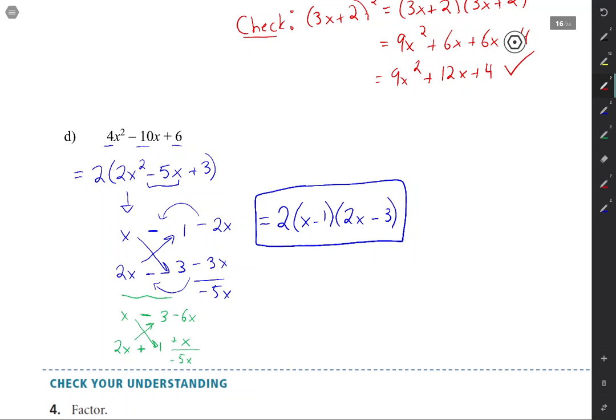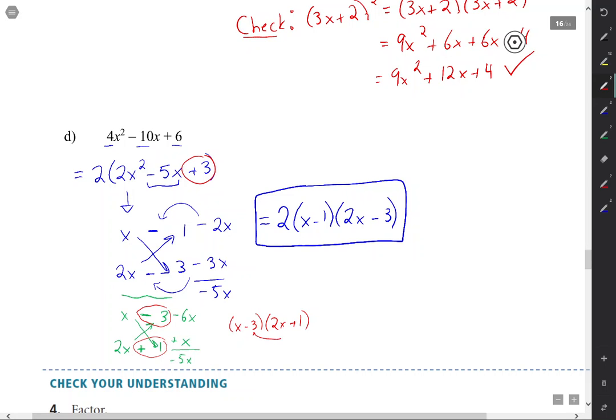So the one more step we have to check is this here and this here. And we have to think, does negative 3 times positive 1 give us positive 3? Because if we were to FOIL that out, x minus 3 times 2x plus 1, we would eventually have to multiply the two last terms, right? If we're FOILing. And negative 3 times positive 1 gives me negative 3.